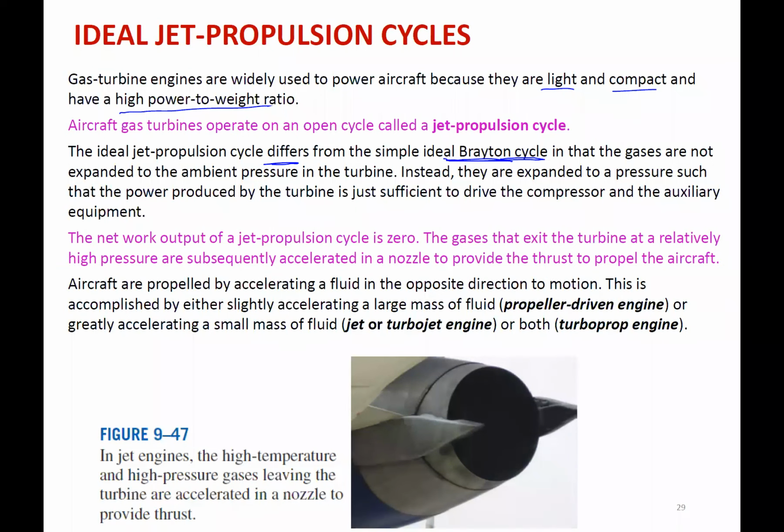The power produced by the turbine is equal to the power needed by the compressor. So that means the work out is equal to the work in. That means your thermal efficiency is zero, because the desired output is not a net work out.